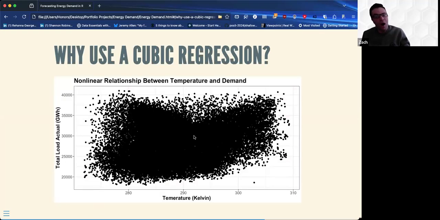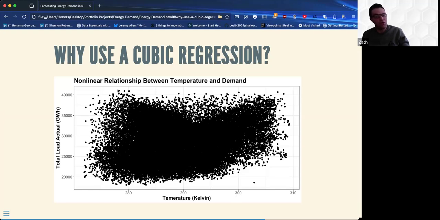Now, I wanted to talk about why they use a cubic regression for this, and I think the easiest way to show that is to show this scatter plot here, plotting temperature with actual demand. It's interesting in that there is a relationship here, but it's not strictly linear. You see that it kind of dips in the middle here. And I talked about this before in that electricity demand is related to temperature, but not in a linear fashion.